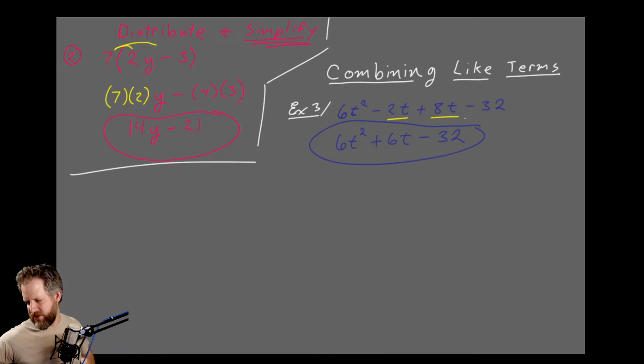Let's do a bigger distributive property problem. All right, we're going to do one that has an equation where we're going to use the distributive property. Let me clear this off, make it nice and neat for us. This one, the instructions are going to say solve.